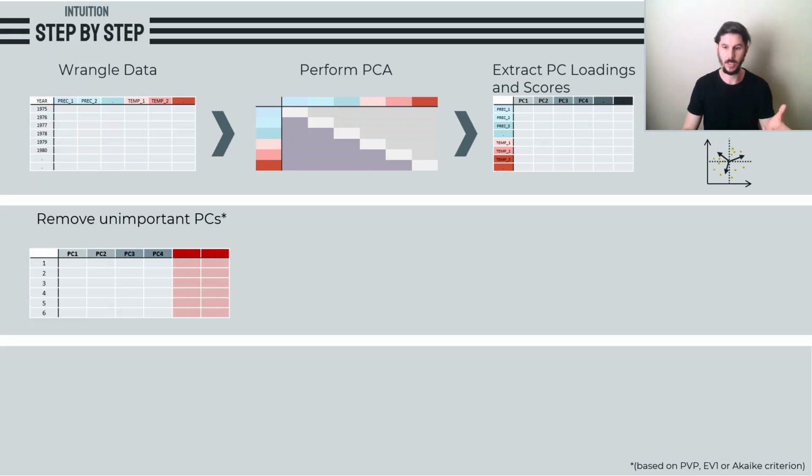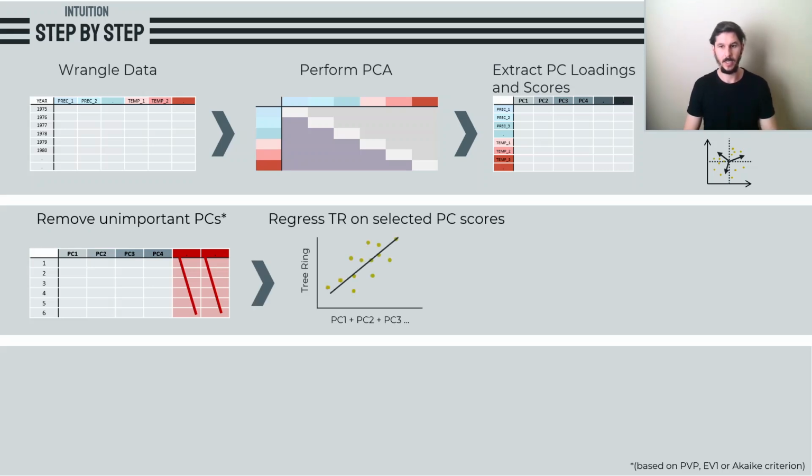So there are different criteria on how you select them, but the programs usually have a standard format, which is good. Alrighty. So you then remove the unimportant pieces, and then you get the scores for the principal components you selected, right? So if you had 24 variables, you're going to have 24 principal components. You can remove the last 2 or 4 or more, and use only the ones that explain more variance.